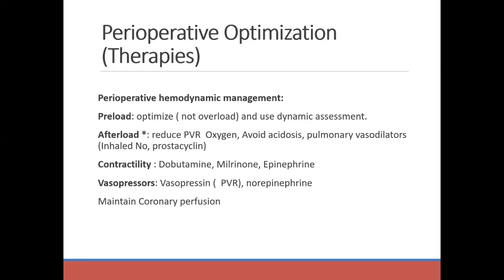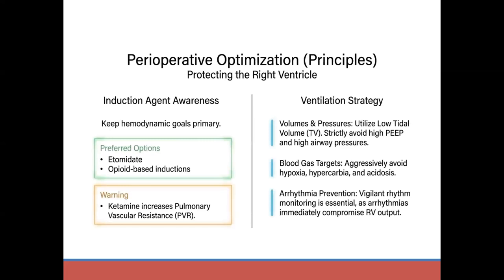And if you are not familiar with any medication, please don't use it for the first time in a most critical patient. So use the medication you are familiar with. The only thing is that this medication should give you your hemodynamic targets with the least possible risk to the patient. And then, of course, you need to maintain the coronary perfusion pressure.